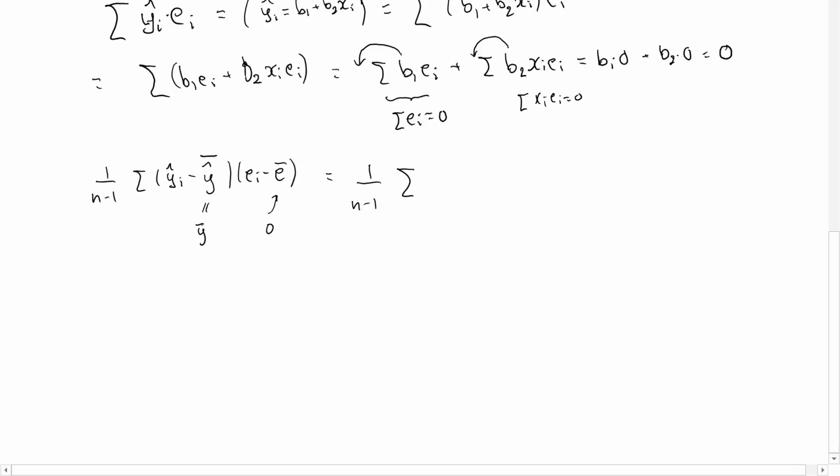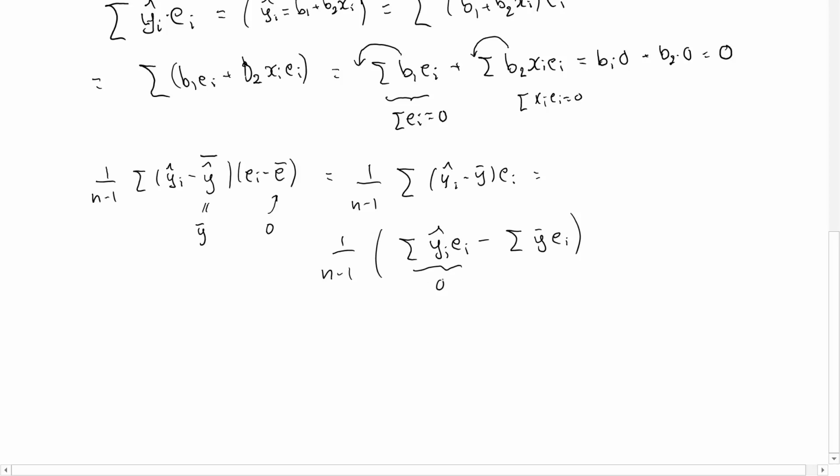So summation yi hat minus y bar times ei, which is 1 over n minus 1 summation yi hat ei minus summation y bar ei.